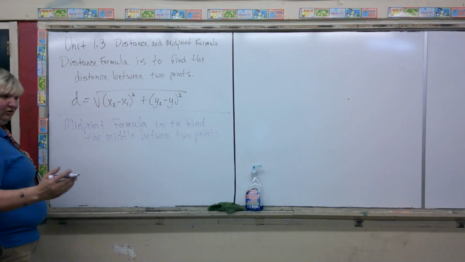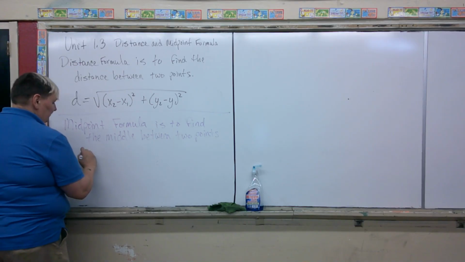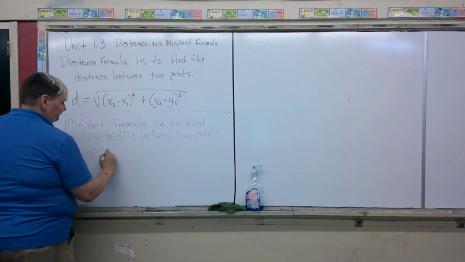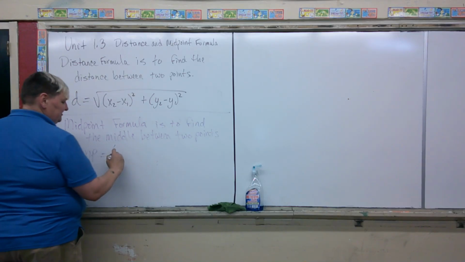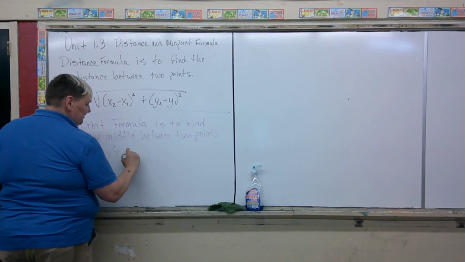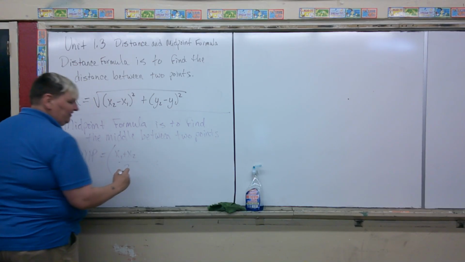Alright, we're looking for the middle with the midpoint formula. And the midpoint formula is you add the two x's together, x1 plus x2, and then you divide it by 2.